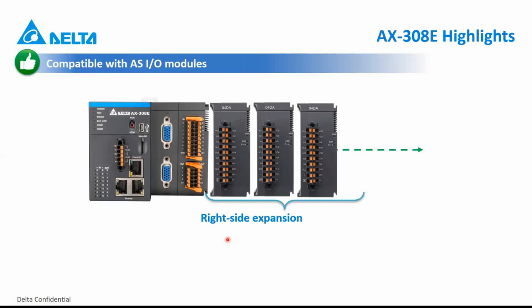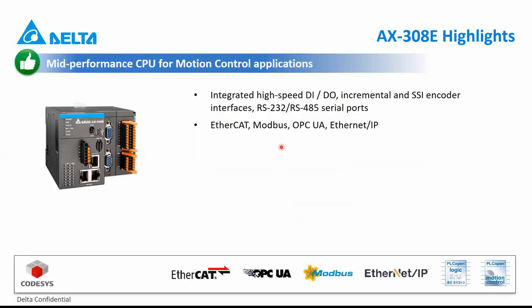For the AX8, you have to use a remote I/O solution. But for AX300, you can use AS modules like shown here, AS04 analog output or temperature controller or whatever. Yeah, there is an integrated high-speed digital input and output.